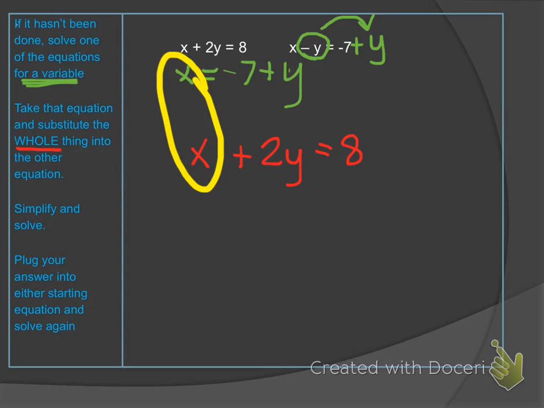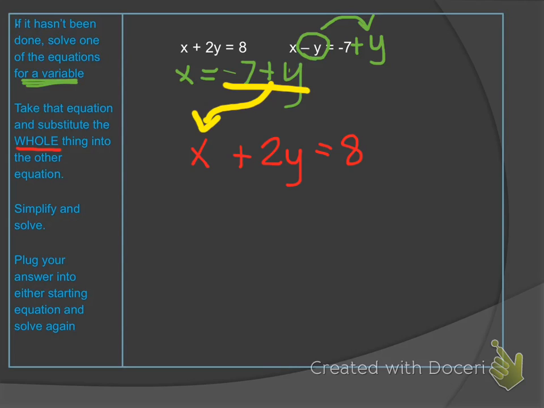Well, because this is the same thing as an x, I'm going to take it and substitute it in. So I'm going to erase this, and I'm going to put, in parentheses, negative 7 plus y.